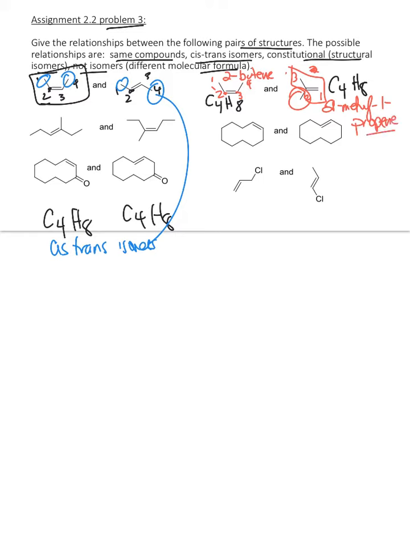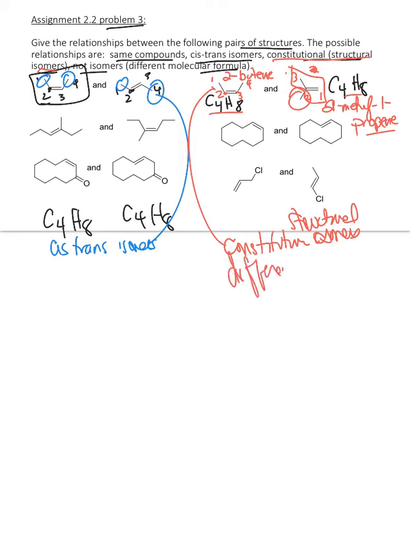So these would be constitutional, or structural isomers. They have the same molecular formula, but different connectivity. And you can always tell the different connectivity if you learn how to name compounds.